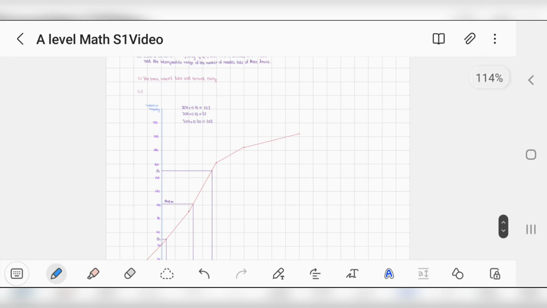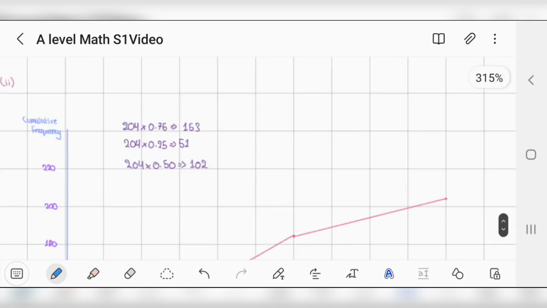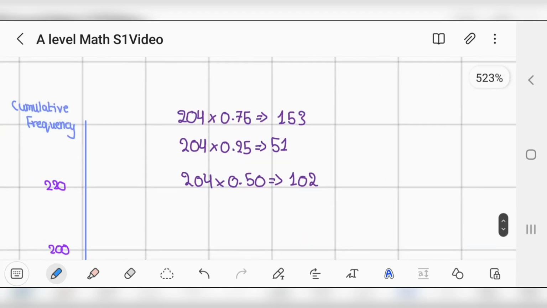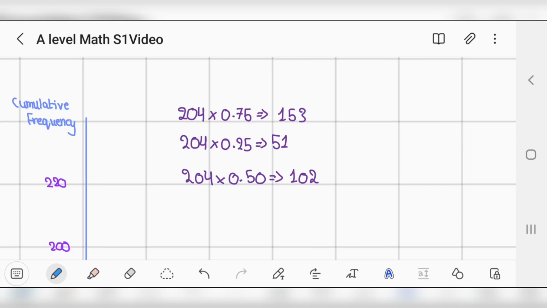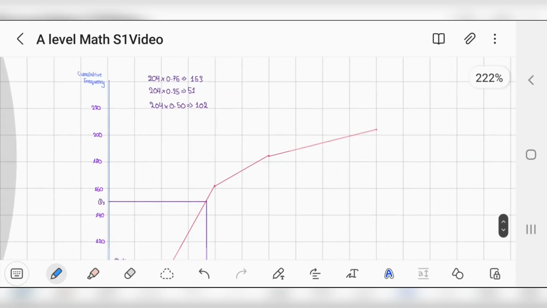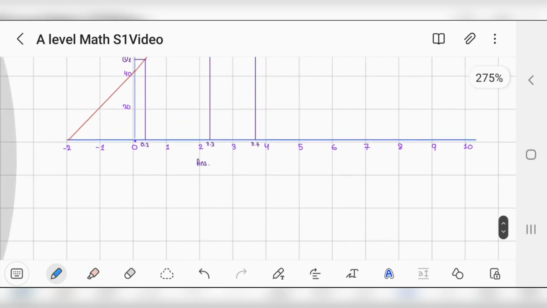In the exam, whenever you solve this kind of question, don't worry about the exact value of the quartile, because there is a range of acceptable correct answers. For example, I found that Q3 is 3.7.